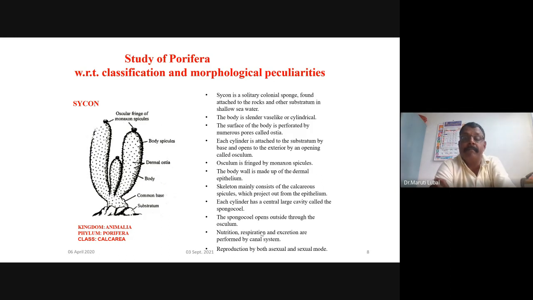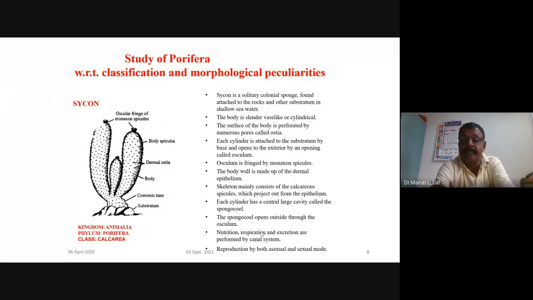Ostia play an important role in the water canal system. Each cylinder is attached to the substratum by the base and opens to the exterior by an opening called osculum. Osculum is fringed by monaxon spicules.